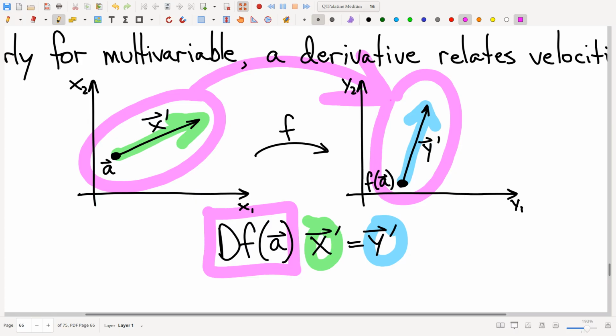That's how derivatives work. So we're at this point, A. So the derivative is evaluated at that point A. Is that pretty believable? Is everybody on board with that? All right, so keeping that in mind, we evaluate at the point in the domain where we're at, from which we're moving with whatever velocity.